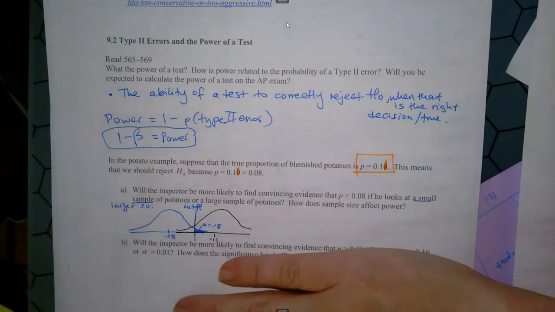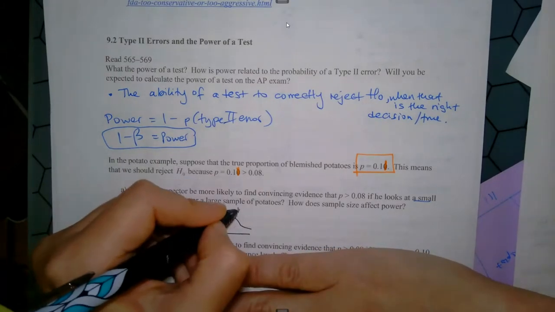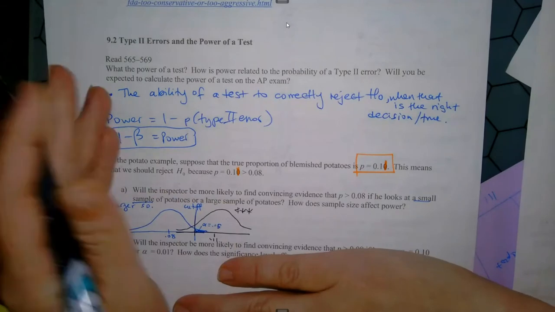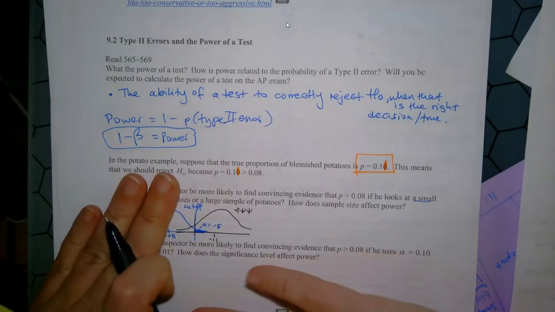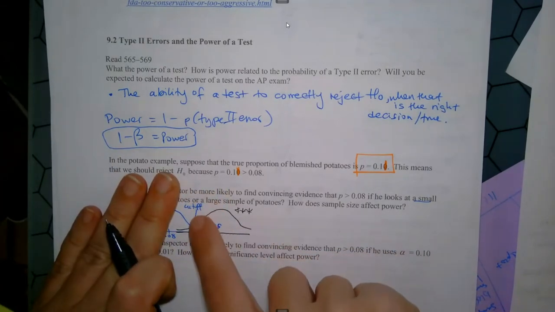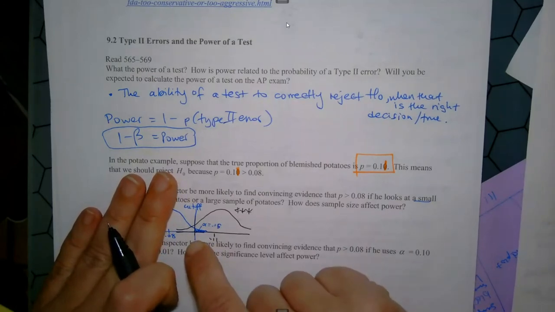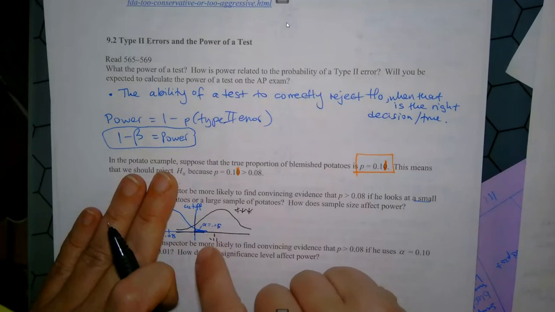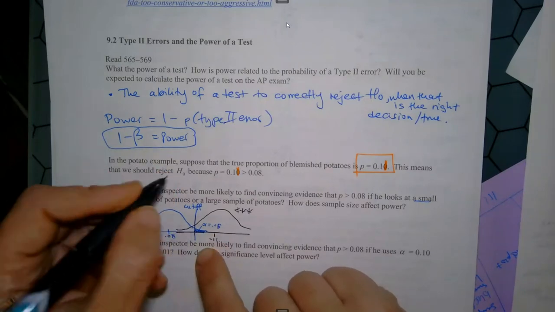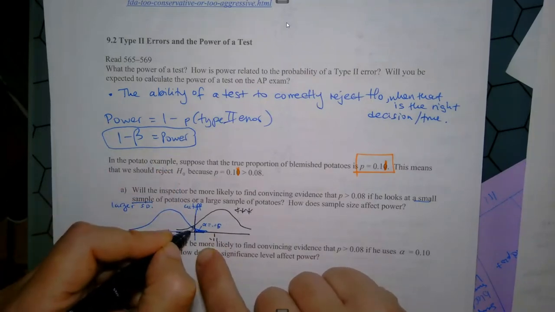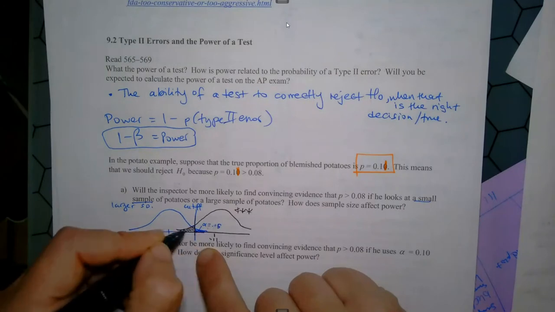If we know that the truth is that actually 11% is the middle of the graph, we know that we're not really on the blue graph. If you get this proportion of blemished potatoes in your sample, which is less than 11% the way I drew it, the chance of a type 2 error is this area right here. This was your alpha, this is your beta.